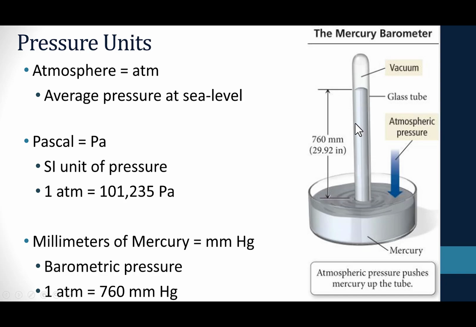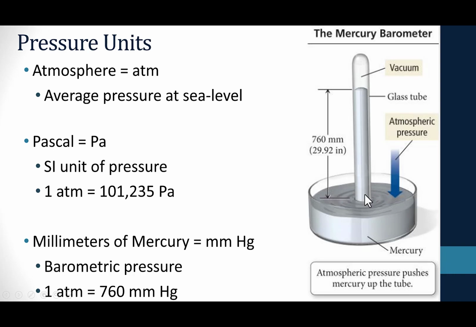So let's say our mercury is here at 760 millimeters, so we'd measure that from top to bottom. As the pressure rises, we'd have more weight on this reservoir. This line may go up to the top, so then maybe it's 770 millimeters high. And as the atmospheric pressure goes down, it wouldn't feel such a weight here.